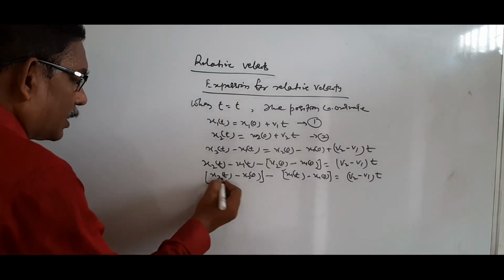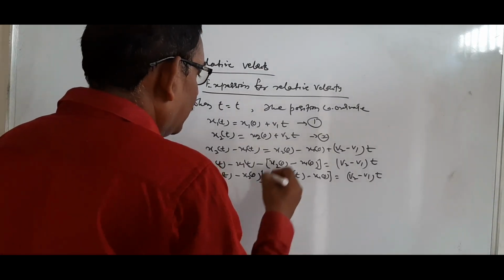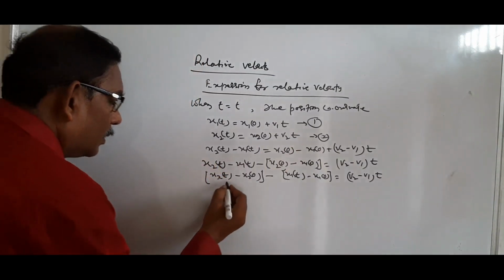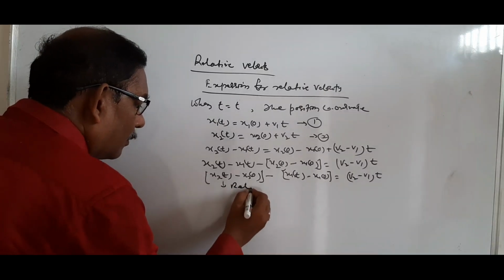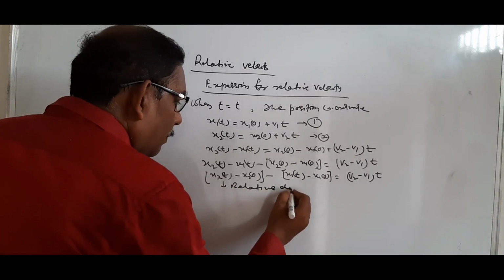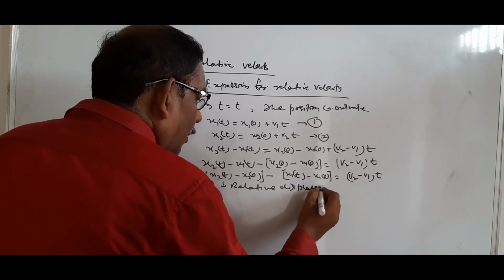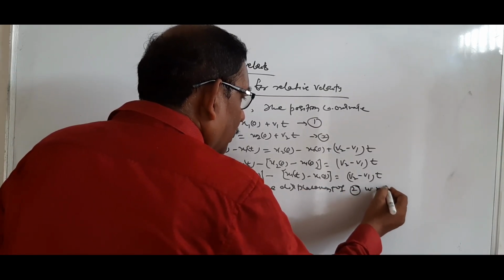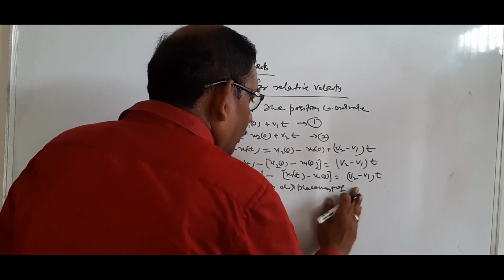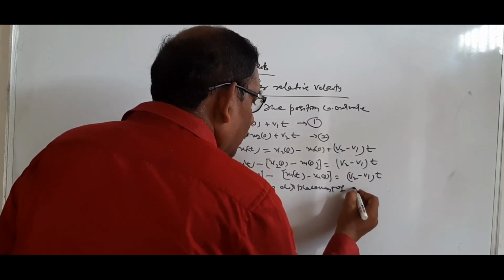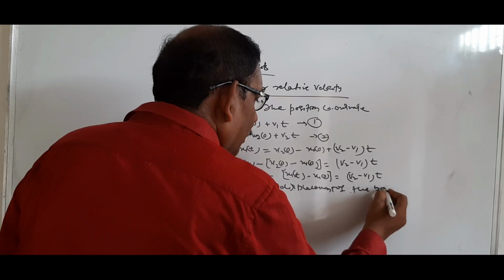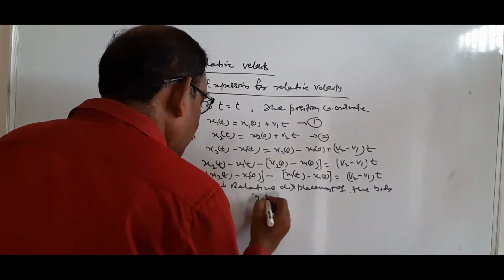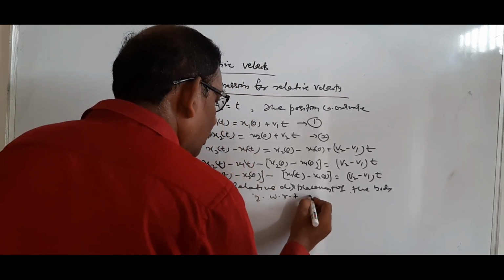This is called the relative displacement of particle 2 with respect to 1, that is, the relative displacement of body 2 with respect to body 1.